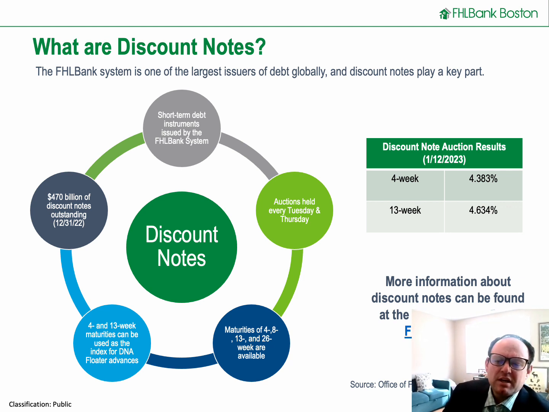You can see in the table on the right-hand side that recently the 4 and 13 week discount notes were issued at 4.38 and 4.63 respectively, and as we'll see in a little bit, that is at a very narrow spread to Treasury bills at matching maturities. For more information about discount notes, the Office of Finance website can be found at fhlb-of.com.